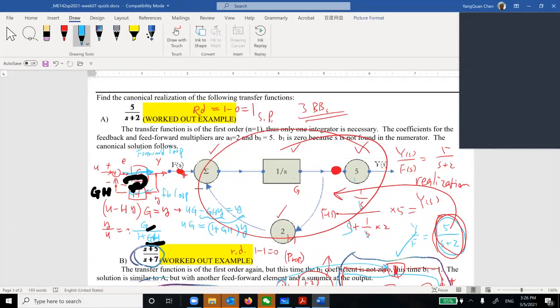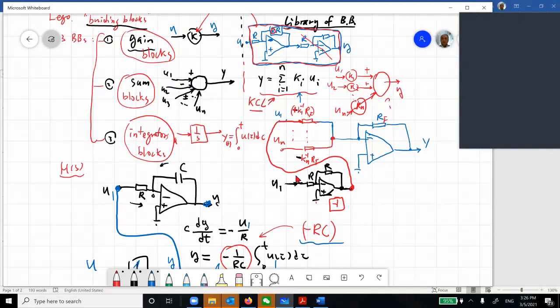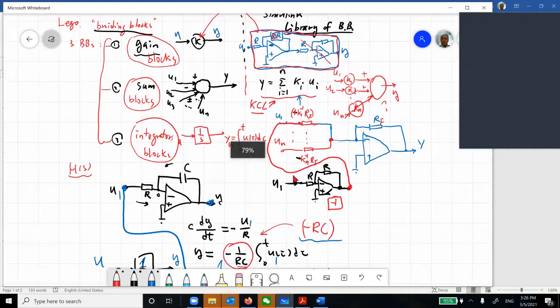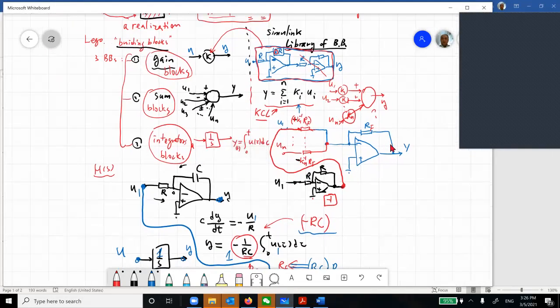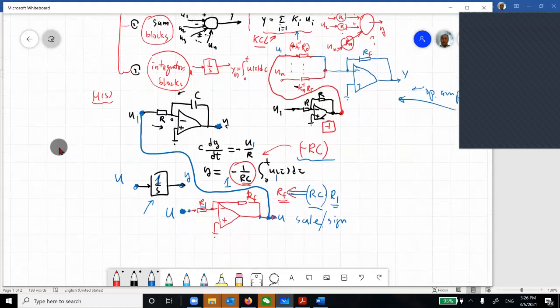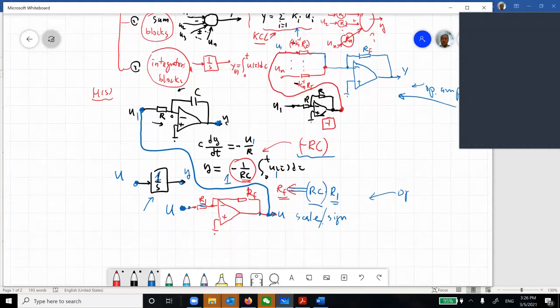You have blocks here, here, and here. But you also know that given these blocks, there is a corresponding op-amp realization. This is an op-amp realization, this is also an op-amp realization, and for the integrator, you have an op-amp. So you can always do that.